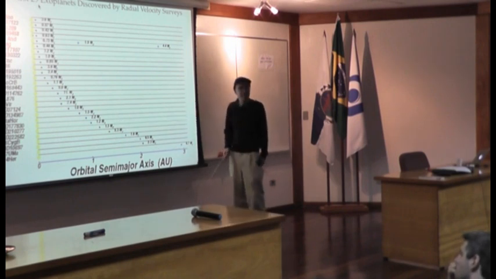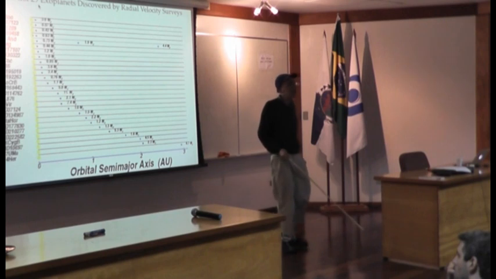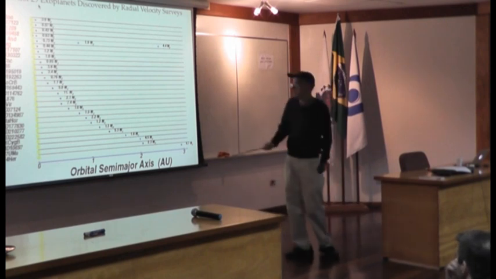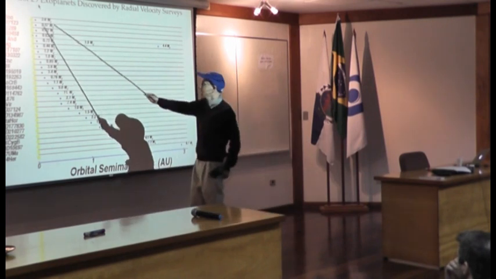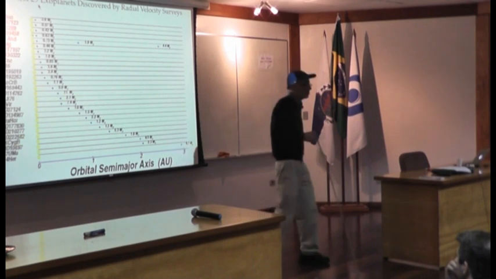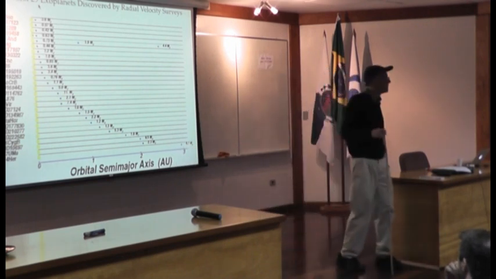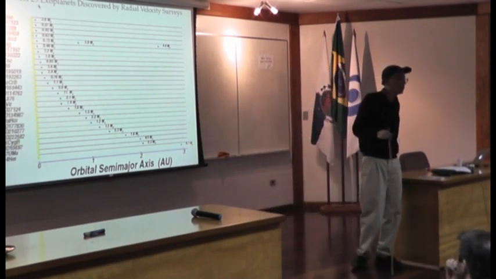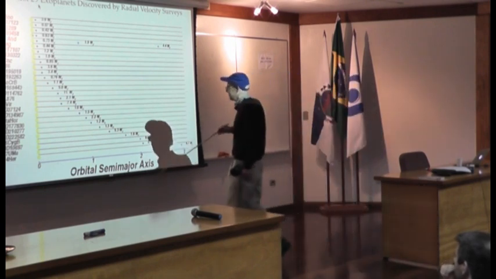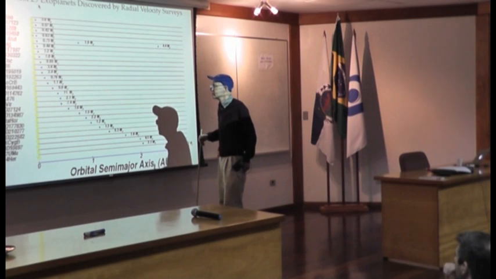Now, a lot of people still have the impression that these are the common exoplanets. These inner Jupiter mass planets with semi-major axis of a 20th of an AU. Or maybe these eccentric Jupiters with semi-major axes of 1 AU.